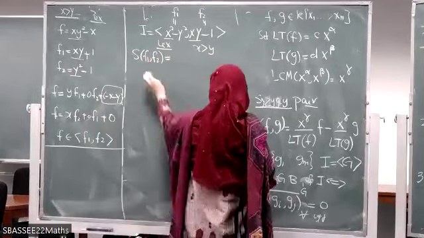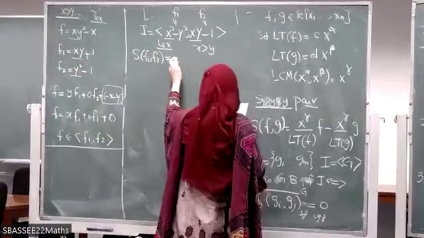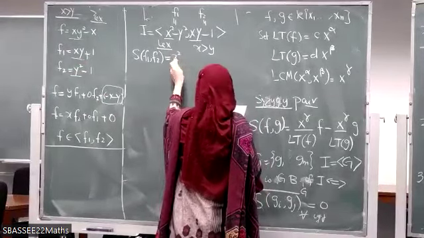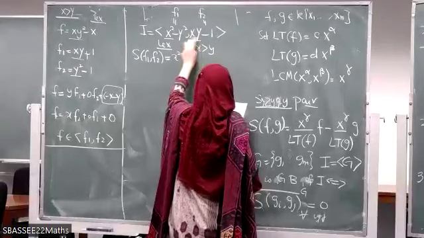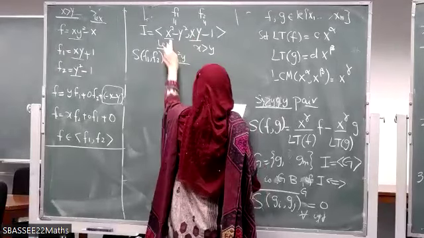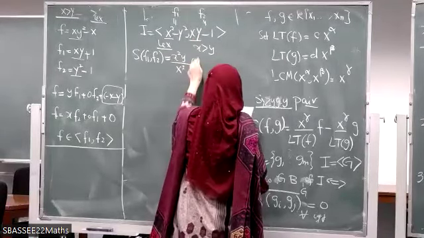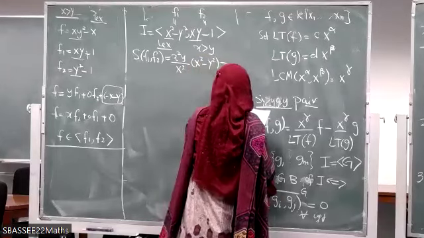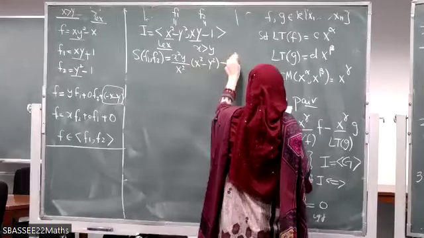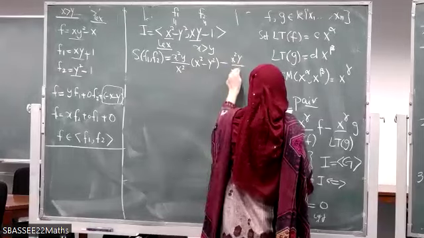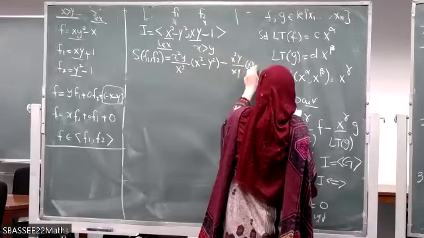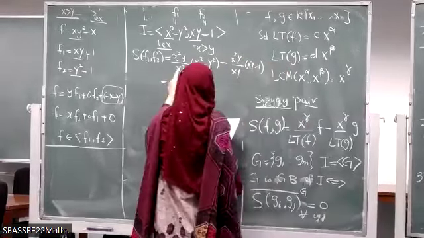After this calculation, I'm not showing the calculation at this moment, but let's do it in the first step. So the LCM will be x squared y, and we take y times (x squared minus y squared) minus x times (xy minus 1).